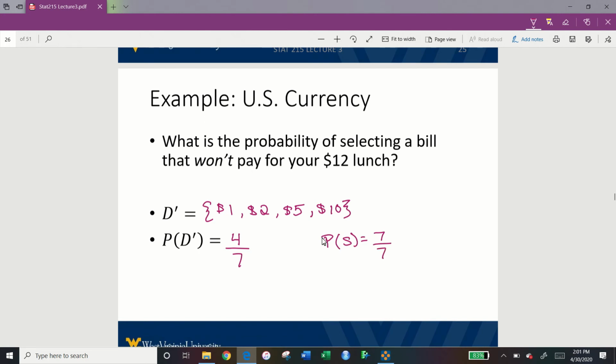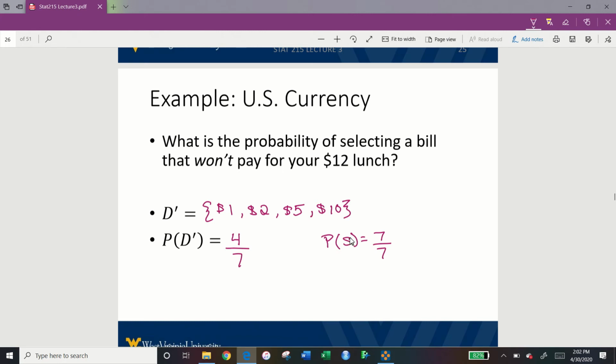Make sense? There are 7 items in our sample space. Sorry, I misspoke. Selecting just one of those events is 1 out of 7, but if we take the probability of the union of all of those events, that would be 7 out of 7.